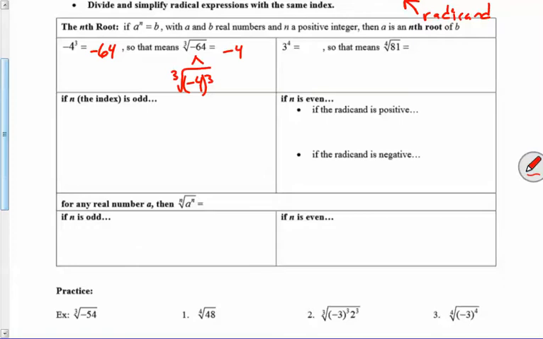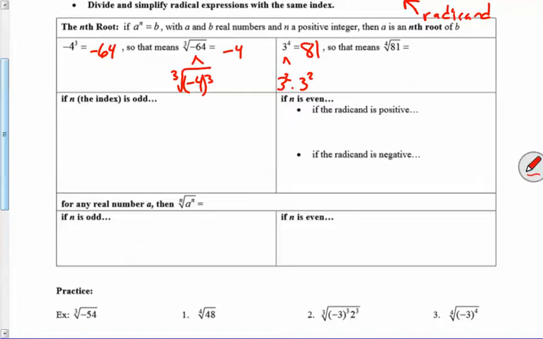Same thing if we're working over here with even numbers, 3 to the fourth power. Anything to the fourth power is really a square times a square. So 3 squared times 3 squared is 3 to the fourth, or 9 times 9 is 81. That might help you when you're trying to find the fourth power: just square the number and then multiply it by itself.